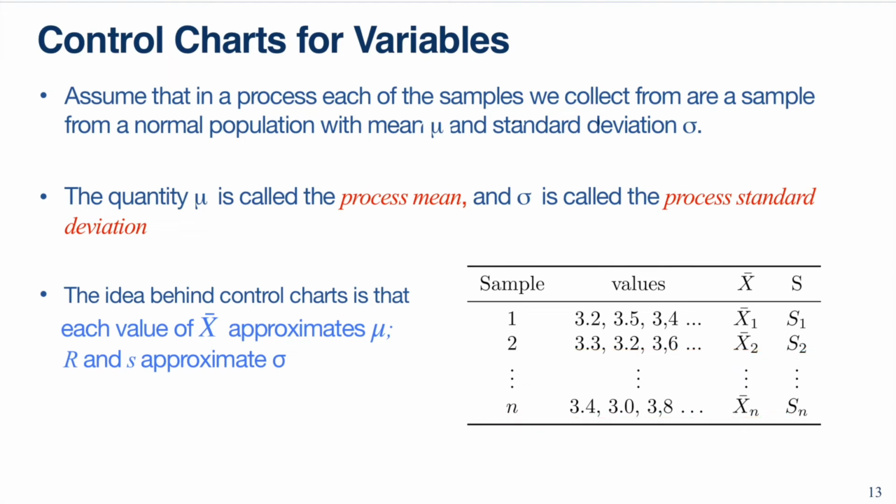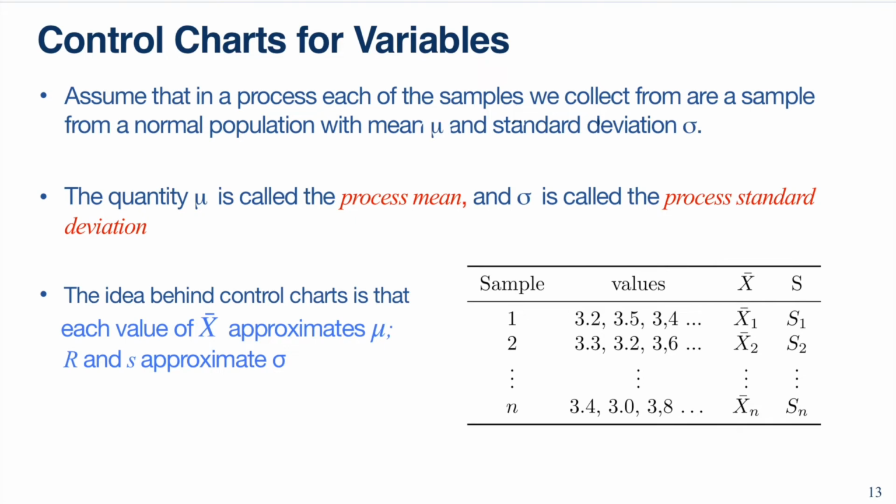So at the end we have a collection of means for every sample and a collection of standard deviations. The idea behind a control chart is that each value of x bar approximates mu, the population mean or the process mean, and R and S approximate sigma.